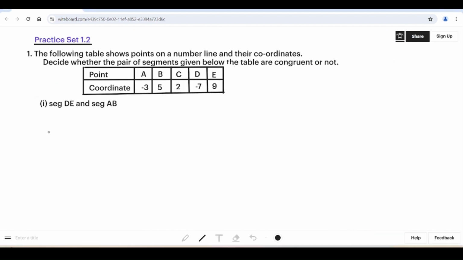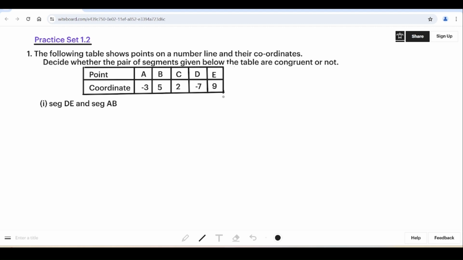Let's see the problem set 1.1. The first question is, the following table shows points on a number line and their coordinates. Decide whether the pair of segments given below the table are congruent or not. Now these are the points given, A, B, C, D and E, and these are the coordinates -3, 5, 2, -7, 9 respectively.